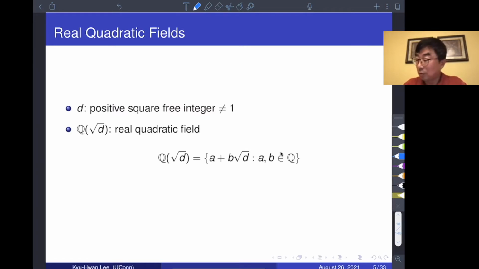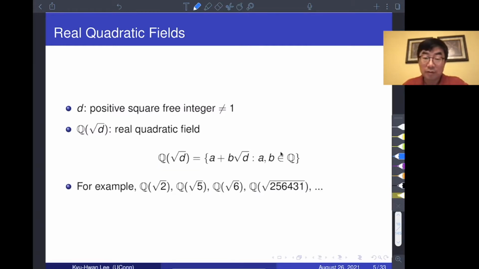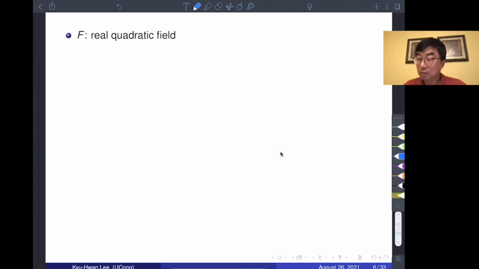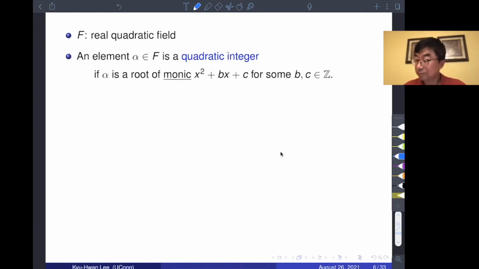As we all know, as a set it's this, and this is a field. For example, we can consider these, and this D can be very large. For simplicity, F will denote the real quadratic field.